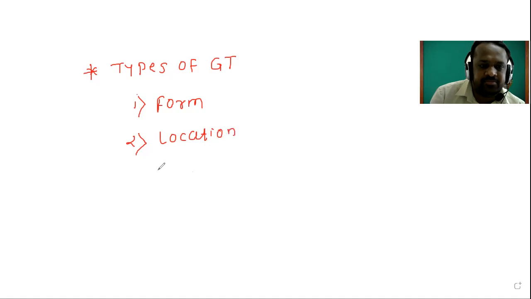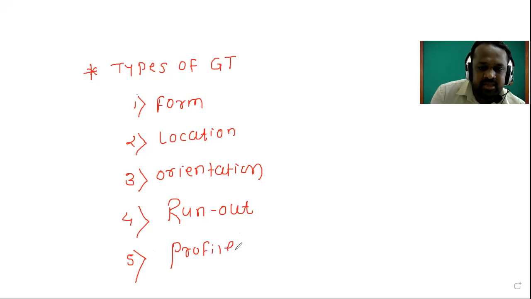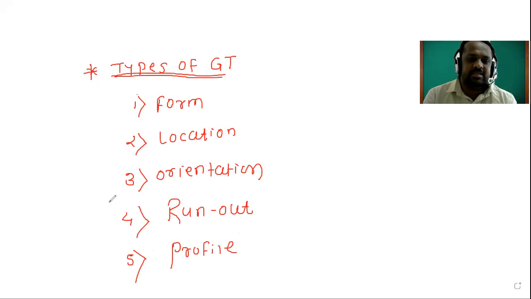Third is orientation, related features. Then runout. And the last is profile. The geometrical tolerances are classified into the following 5 types: form, location, orientation, runout, and profile.